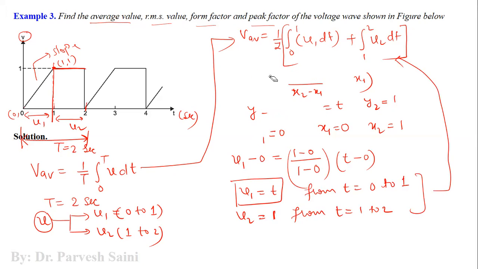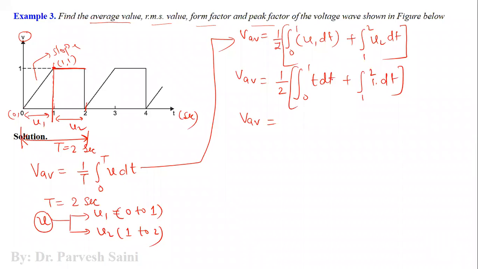So let us erase this one. By putting the values of v1 and v2 in this equation, we have 1 by 2, and integration of t is t square by 2, from 0 to 1, and integration of 1 with respect to dt is t, from 1 to 2.